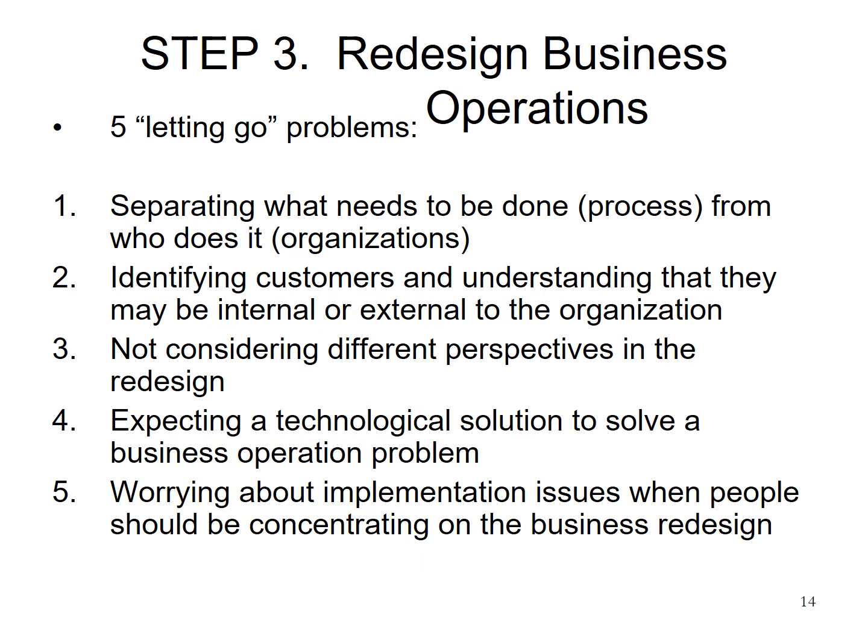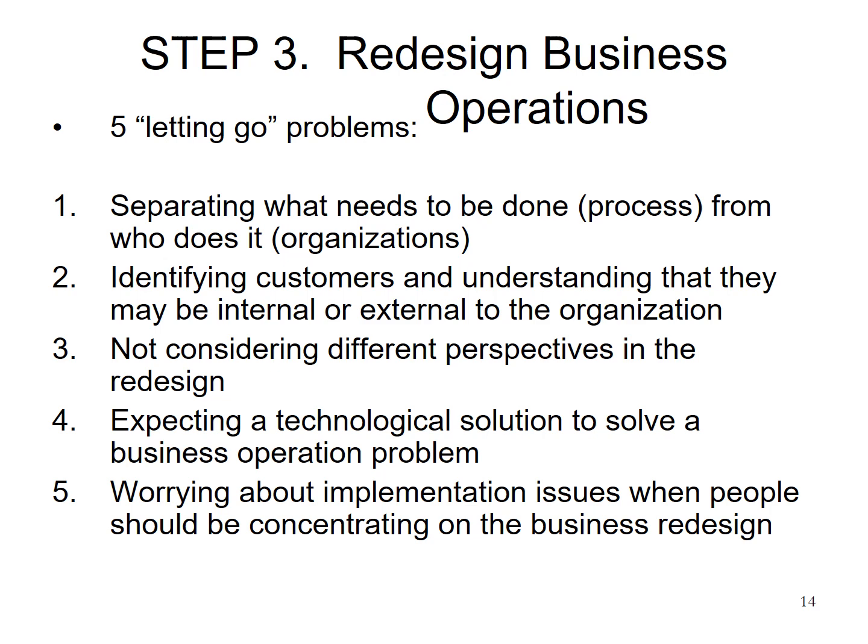You need to understand that it is sometimes, most of the time, difficult for people to change from their current reality to the new one. There are actually 5 letting go problems in the organization, if it is related to this re-engineering.